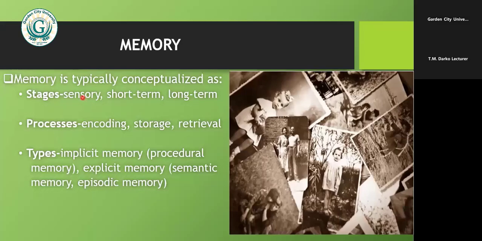Now, from there, this sensory information will be stored in what you call the short-term memory. From there, this memory that has been stored should be rehearsed.